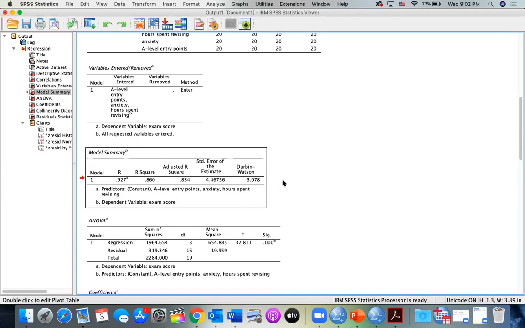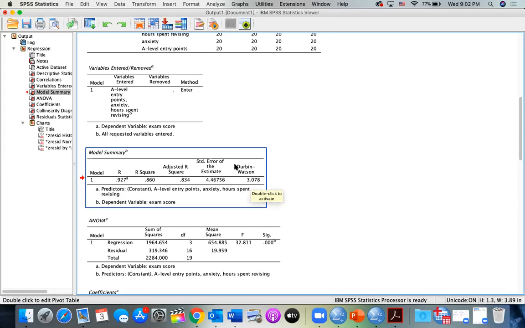So how large the value should be and how small the value should be to say that there is a problem? As a rule of thumb, any value larger than 3 or below 1 should get your attention. So in this case, 3 is acceptable.